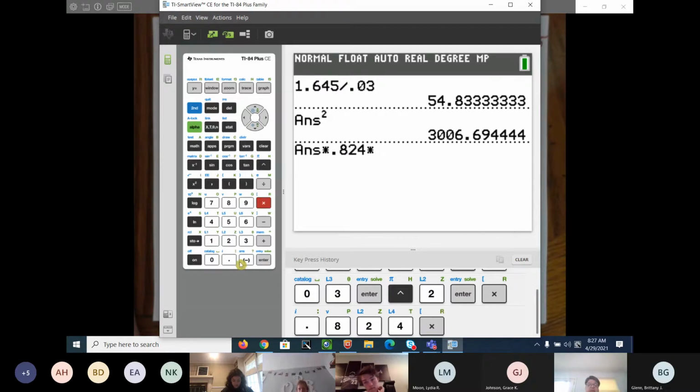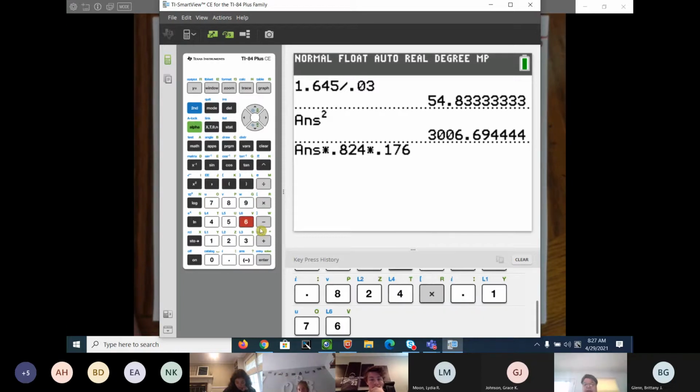Can I type in 0.176 first? Yeah, because multiplication, 2 times 3 is the same as 3 times 2. So 0.176, it doesn't matter which order. Now you have to type in the right numbers, but I could put the 0.176 in front. I could put the 0.824 back here at the end, as long as I put multiplication and enter.